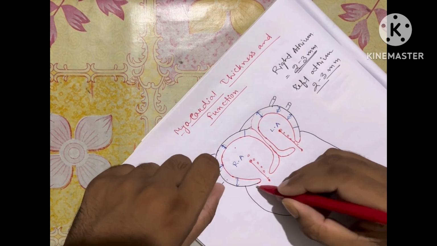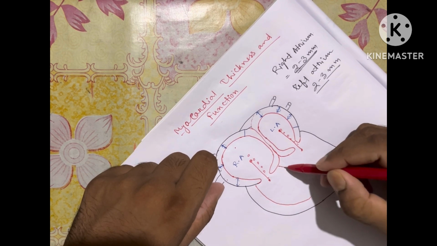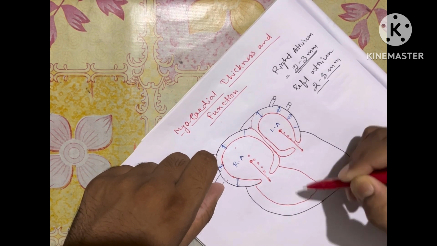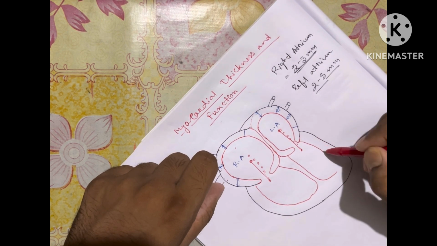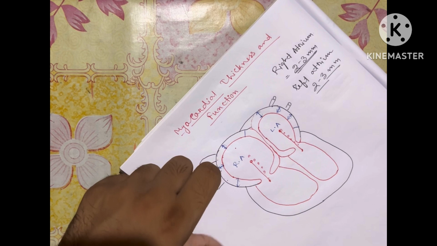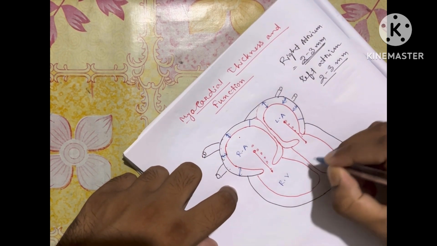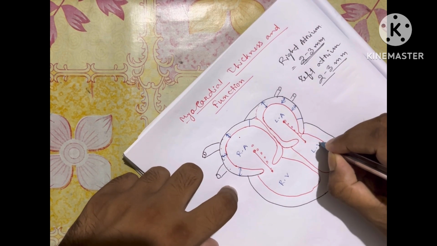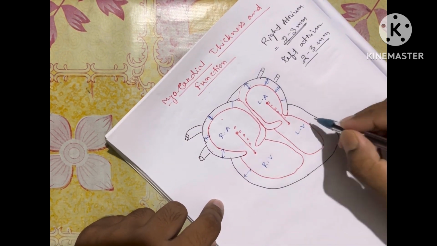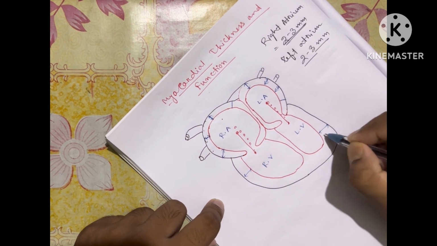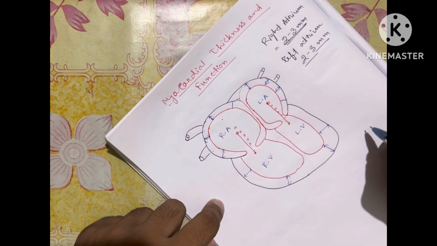So let's draw the thickness of our atria. So this is the thickness of our atrium. The ventricle thickness will be more. If we see clearly, this is the right ventricle, this is the left ventricle. The right ventricle's thickness is less than that of the left ventricle.